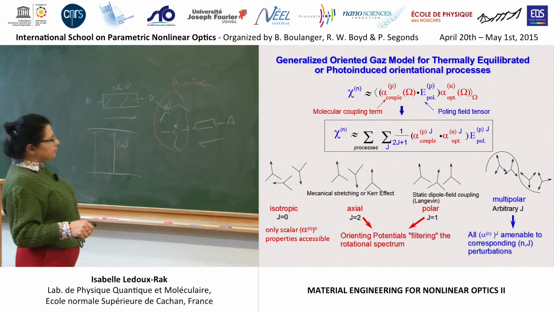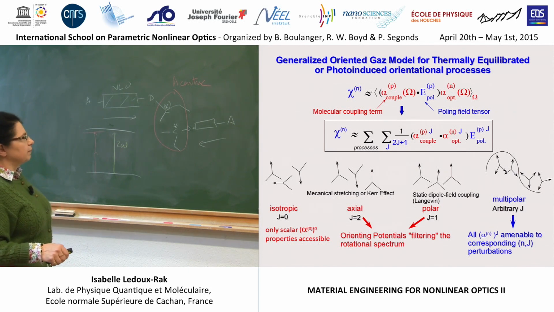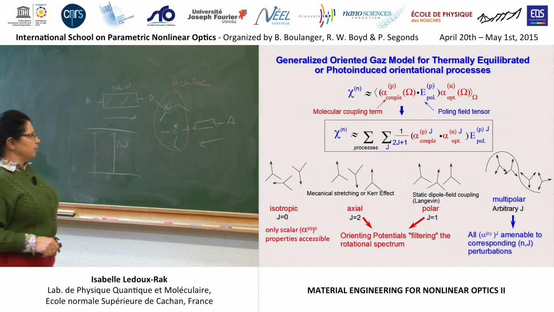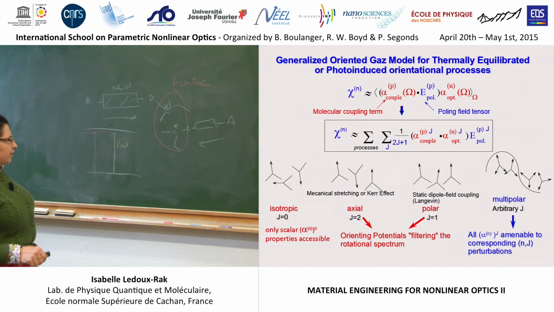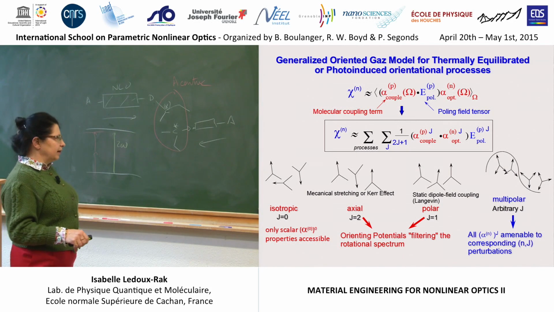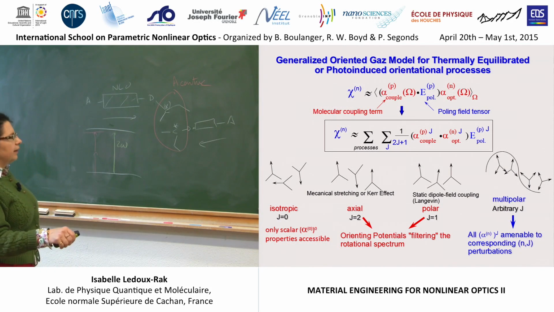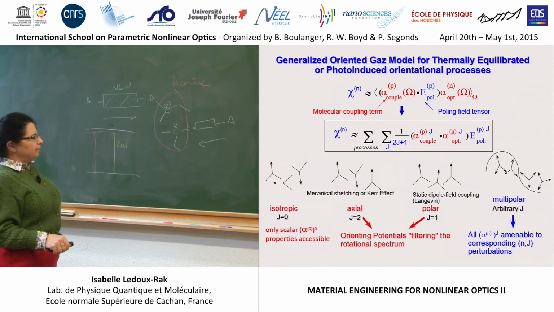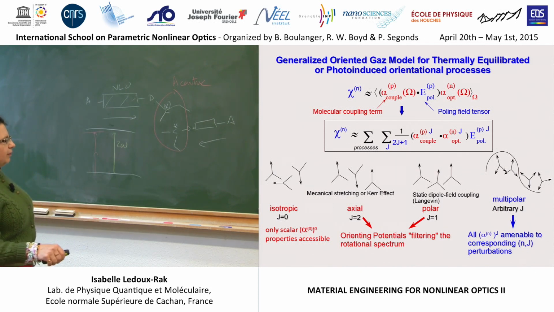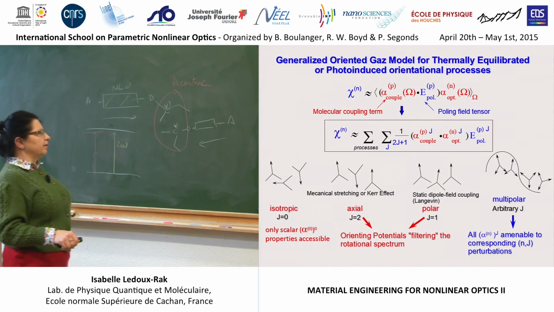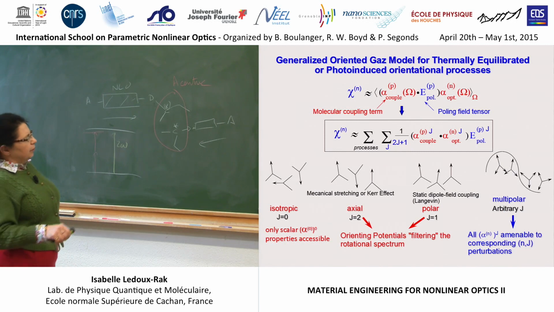And then you will find various kinds of orientation schemes. So, for example, only axial order when working with two photons only, or one photon only, and playing only on a linear polarizability. And you may have asymmetric, non-centrosymmetric geometry when playing on J equal 1 or J equal 3.